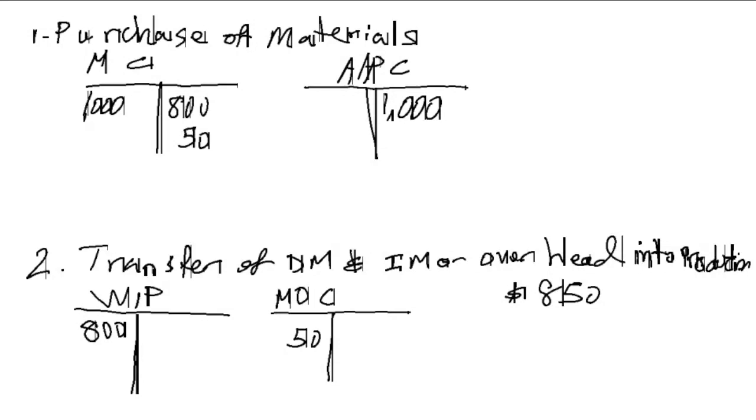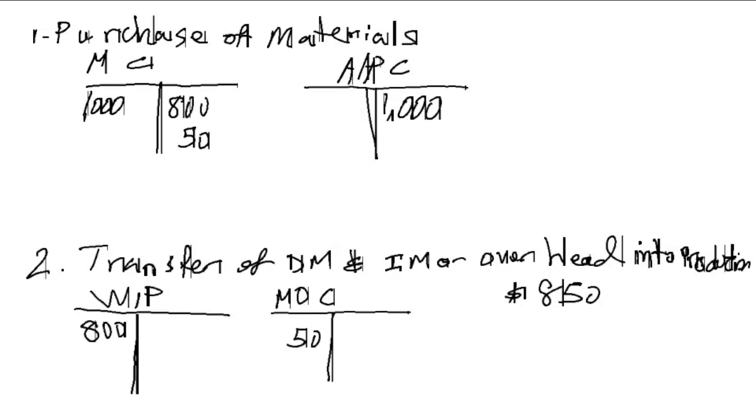So in order to produce anything here, I need to purchase materials. This is a simple journal entry that we maybe use in any merchandising business. We purchase material. I gave you two T accounts here. We purchased $1,000 material. I called it account material control.